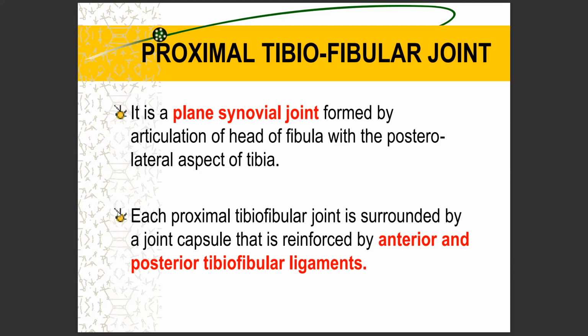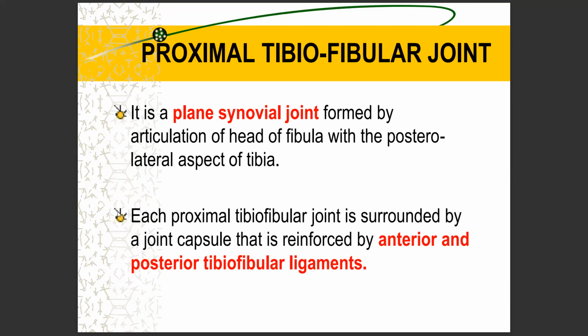Each proximal tibiofibular joint is surrounded by a joint capsule that is reinforced by anterior and posterior tibiofibular ligaments, which we can call the anterior and posterior proximal tibiofibular ligaments, as there are also tibiofibular ligaments in the distal tibiofibular joint.